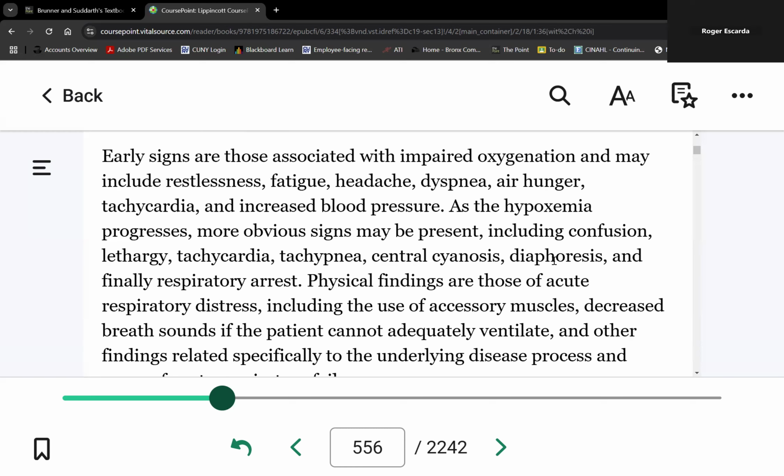Tachypneic, right? Are they okay mental status? No, confusion, right? Restless. So non-specific. The patient's in respiratory distress, basically, plus mental status changes. So here you go. Lethargy, confusion, tachycardia, tachypnea, cyanosis, diaphoresis.